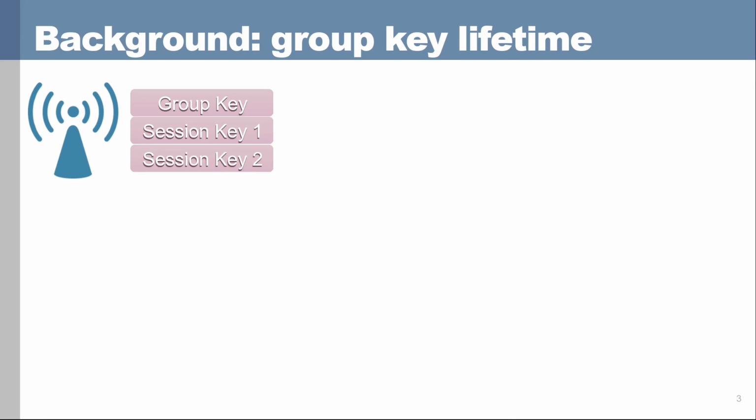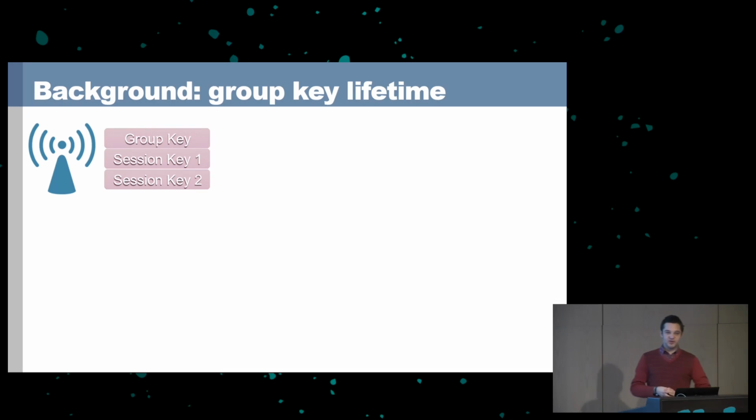So what I did during my research is that I investigated how these group keys are managed during their full lifetime. So what do I mean with the lifetime of a group key? Well, we have our access point here, and when you start your access point, so when you start your router, the first thing that happens is that it generates a fresh and random group key.